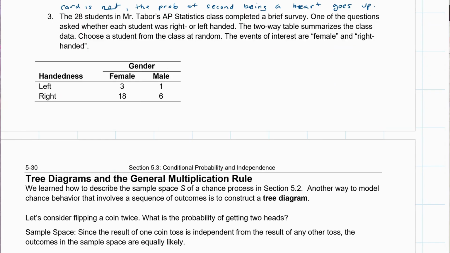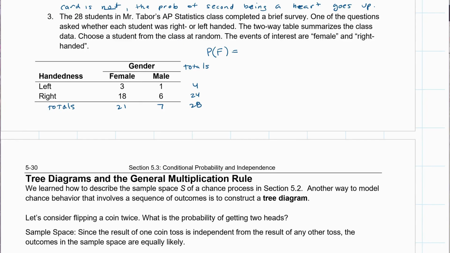Let's say what the probability of being female is. I'm going to have to fill out some stuff here: 21 and 7 for those totals, and over here we have some more totals, 4 and 24. In both ways, they add up to 28.